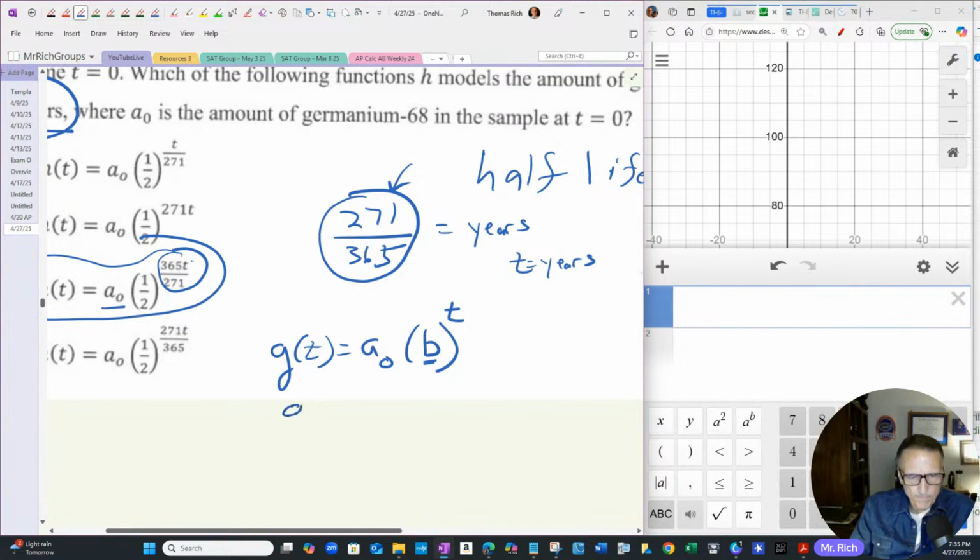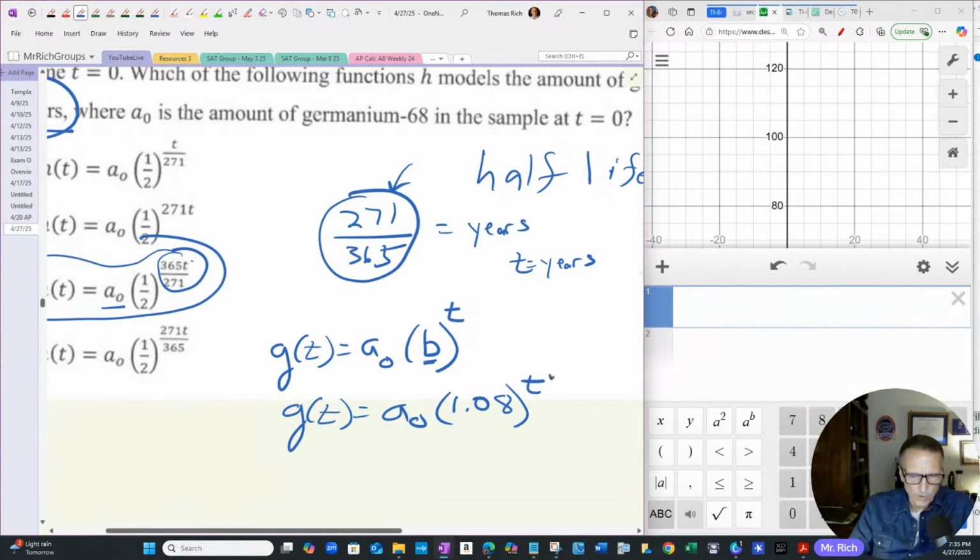For example, if you take a look at an equation like 1.08 to the t, let's use exponential growth, and t is in years, that's an 8% annual growth rate.